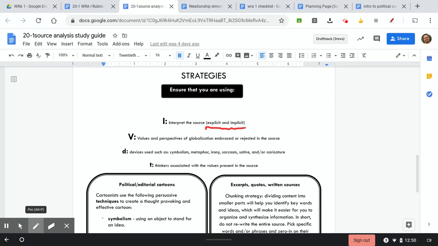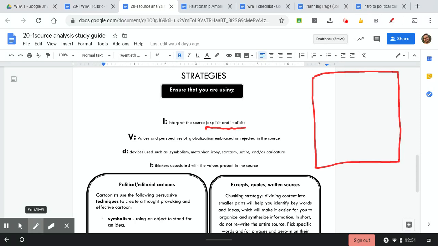So in paragraph 1, 2, and 3, remember what I'm saying is applicable for all three. Your first couple sentences in a paragraph should be the explicit information. So this is our paragraph here. And a source analysis paragraph should be in the range of about 2/3, 3/4 of a page.